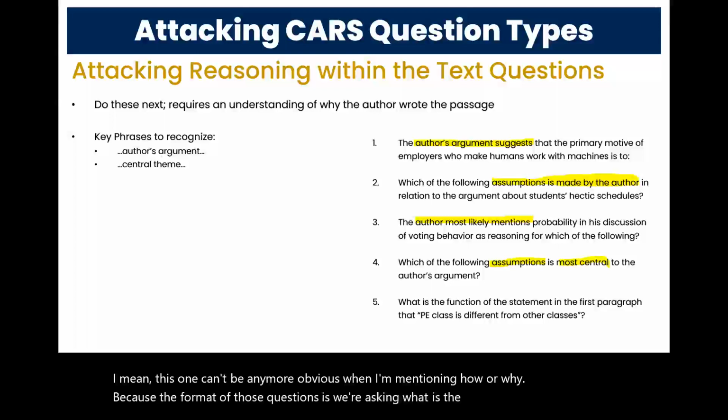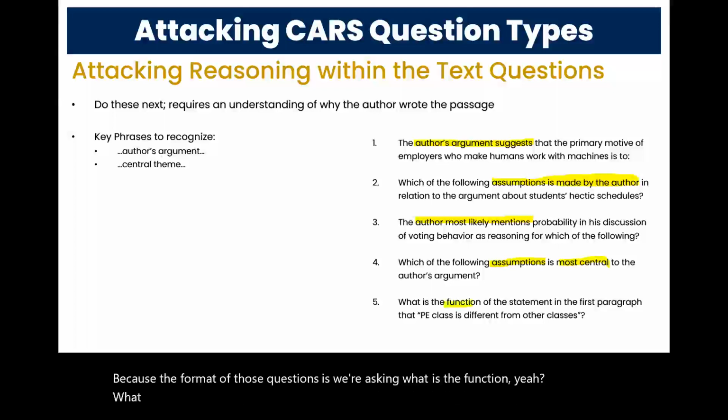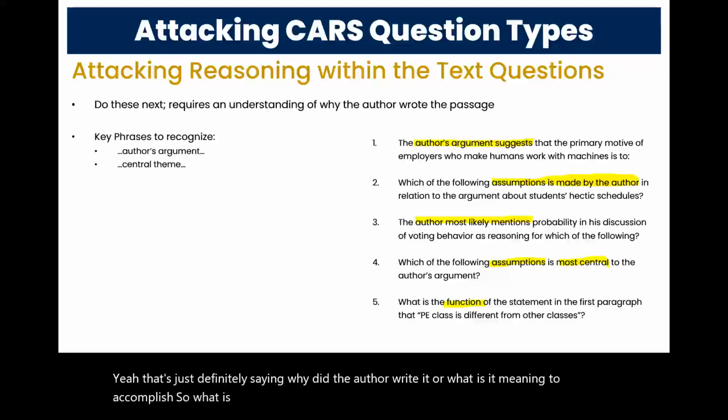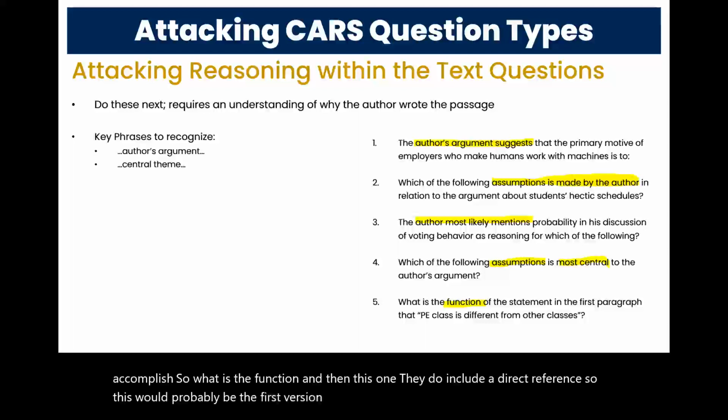Yep. What is the function of the statement? When they're bringing up the word function, that's definitely saying, why did the author write it, or what is it meaning to accomplish? So what is the function? And in this one, they do include a direct reference. So this would probably be the first version of the question I would answer.